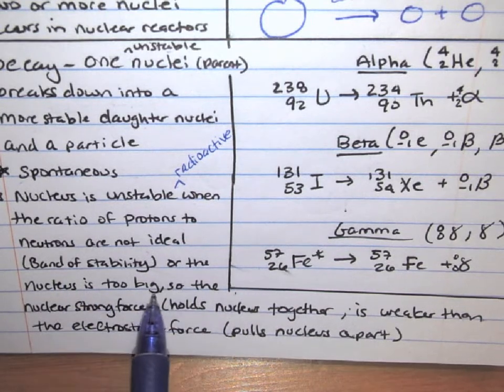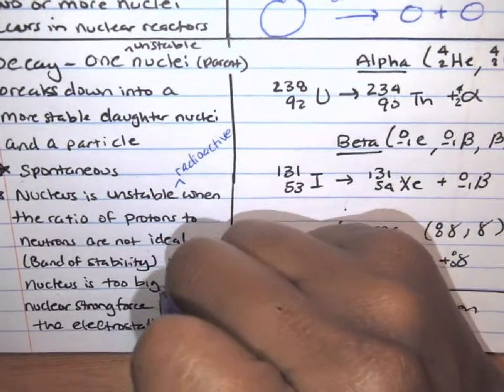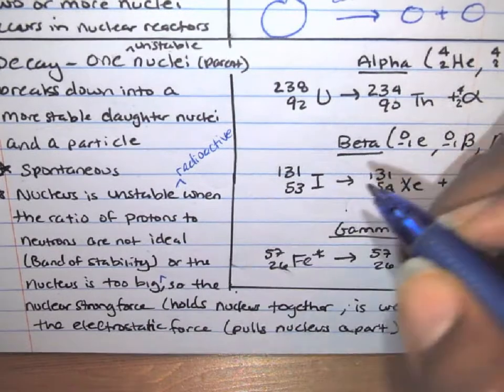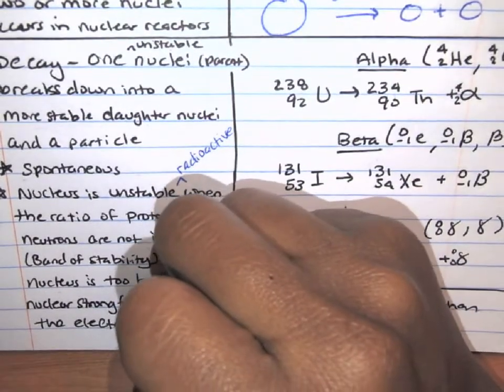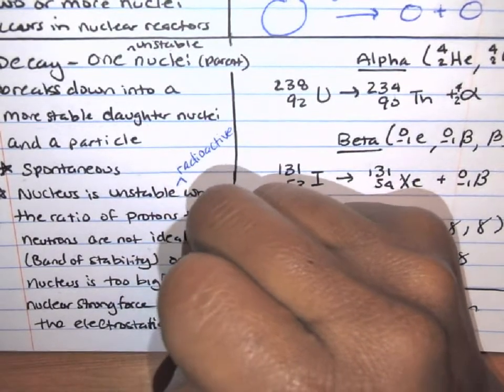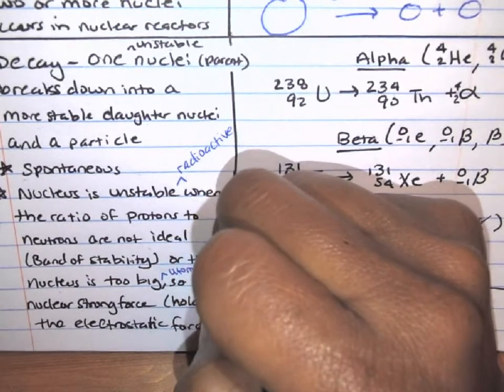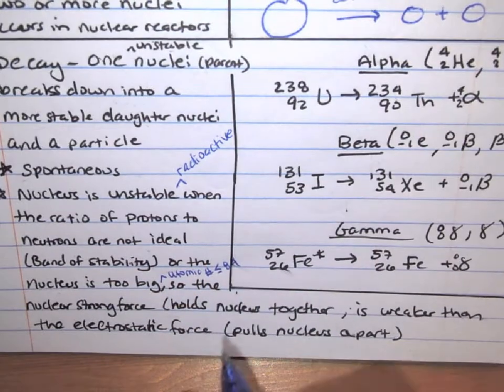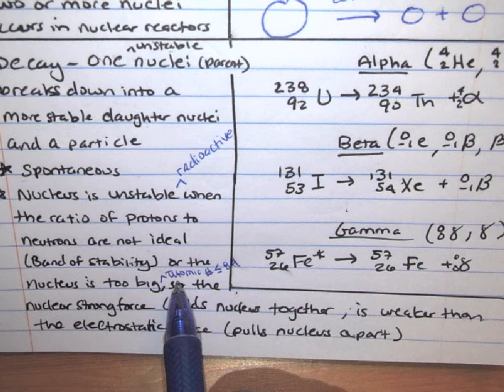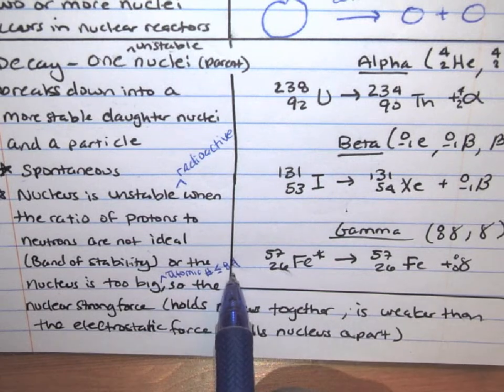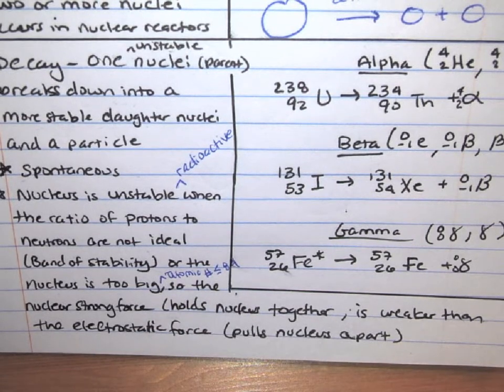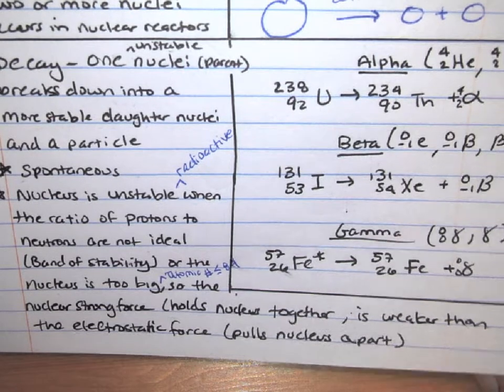Or the nucleus is too big, and that occurs when the atomic number is greater than or equal to 84. So any element on the periodic table, if its atomic number is 84 or higher, it's going to be radioactive.